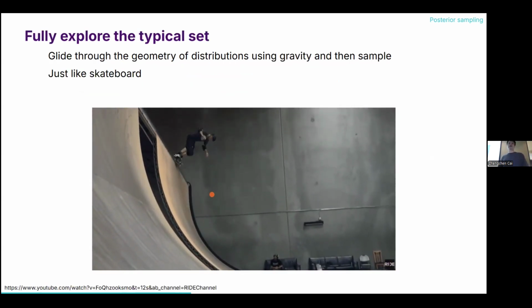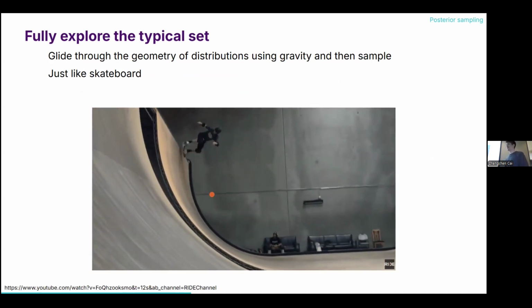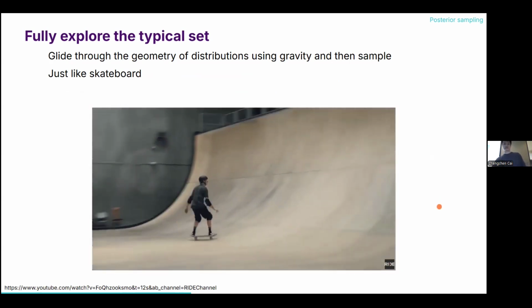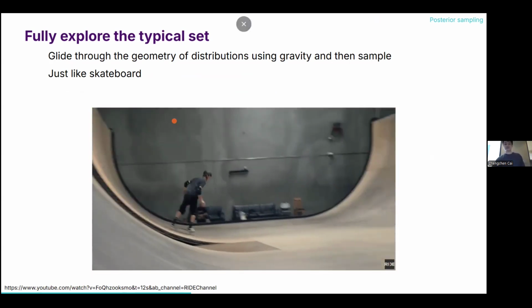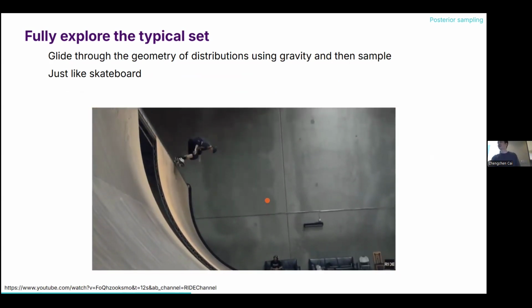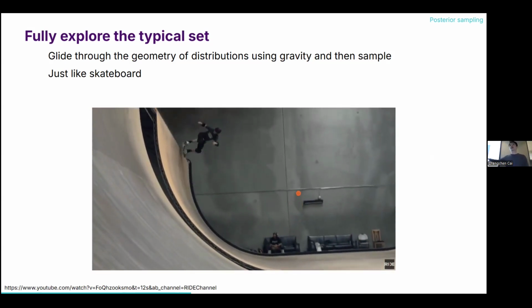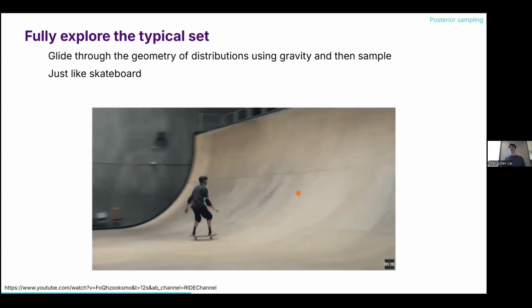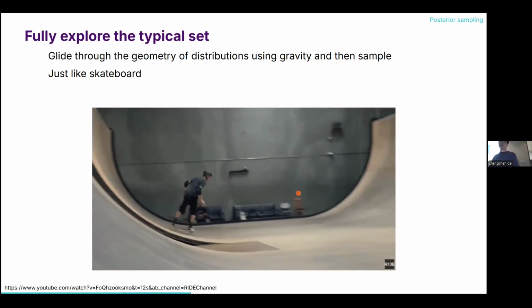So how do we explore the typical set more efficiently? This is an analogy people often use to explain the sampler we are going to mention. Imagine you want to sample this U shape, which is your posterior distribution. And you can use gravity. So you can glide through the whole distribution and the gravity will allow you to stay always in your typical set.